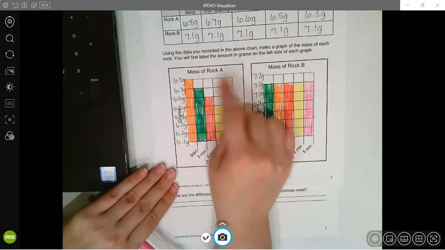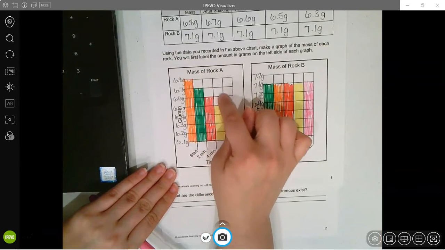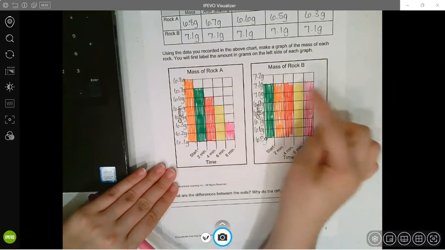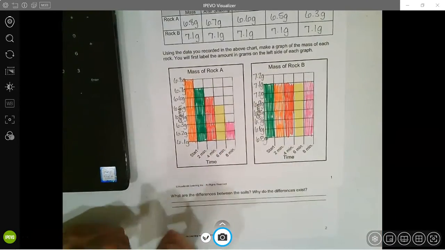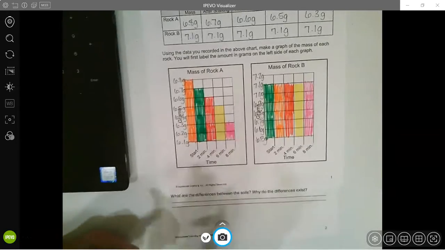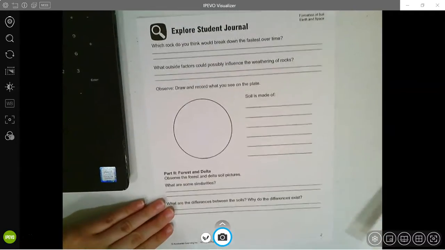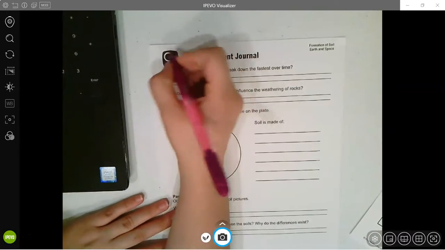And so if we look at this, we notice that rock A, every time we would shake it, it would start losing particles. In rock B, it didn't lose particles. So that's telling us that rock A over time would break down the fastest.